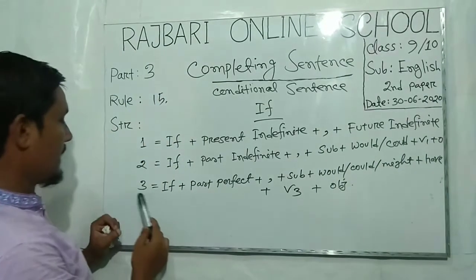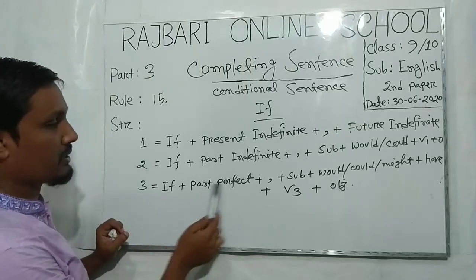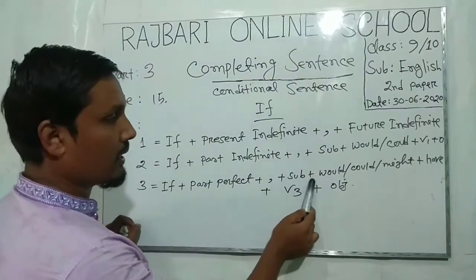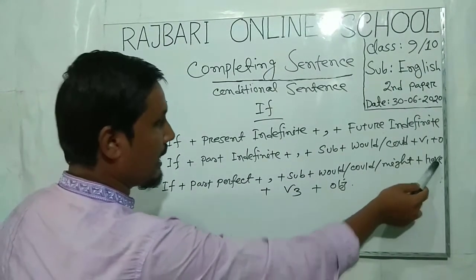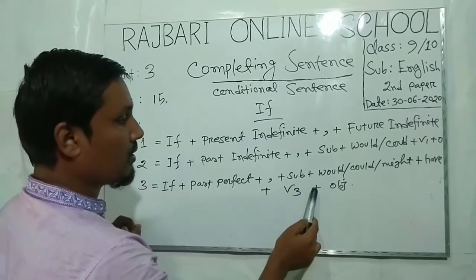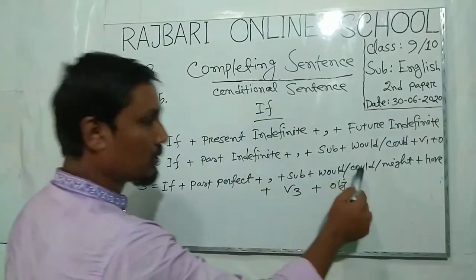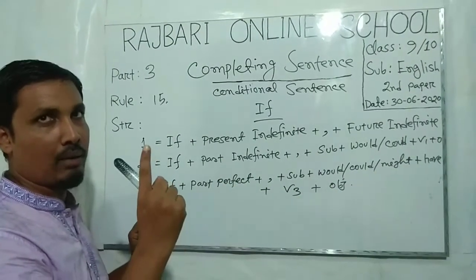In rule 3, that is the third condition: if plus past perfect tense plus comma plus subject plus would, could, might plus have plus verb 3 plus object. Here you can use would or could or might. You have to use one auxiliary verb.